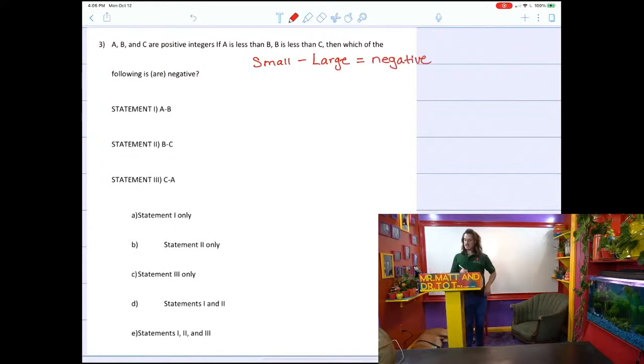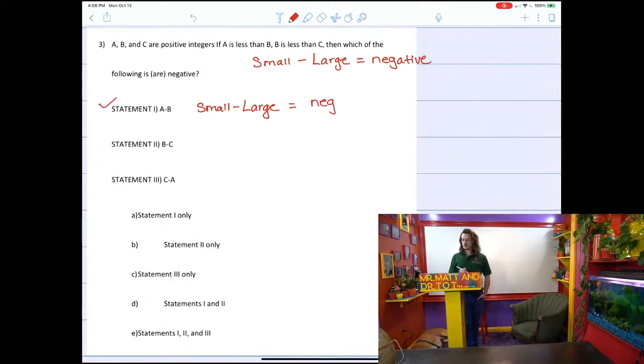So for statement A, we have A minus B. So instead of thinking A minus B, I'm going to think it says A is less than B. So I'm going to say that this is a small minus a large number. I don't know how relatively large it is, but that will reduce to a negative result.